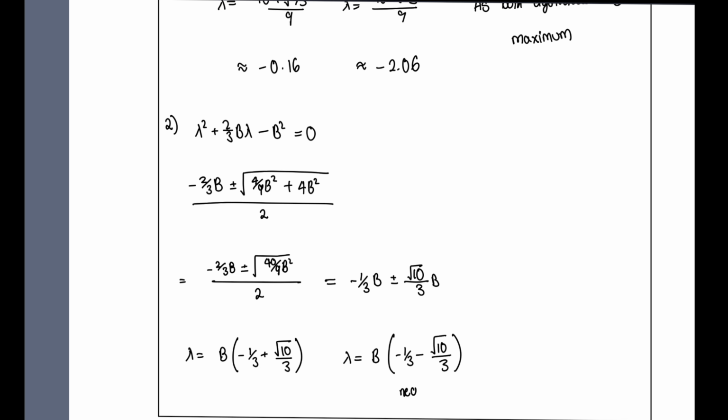So this is going to be negative, and minus 1 over 3 plus root 10 over 3 is positive, so this would be positive. As the eigenvalues are different signs, it is a saddle point. This solution is a saddle point.